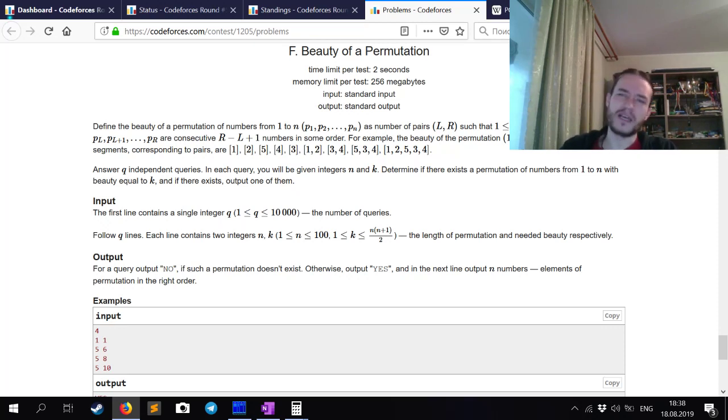I figure that it has to be some sort of dynamic programming, but let's try and figure this out. Okay. So not all these are possible, but that's probably all right.